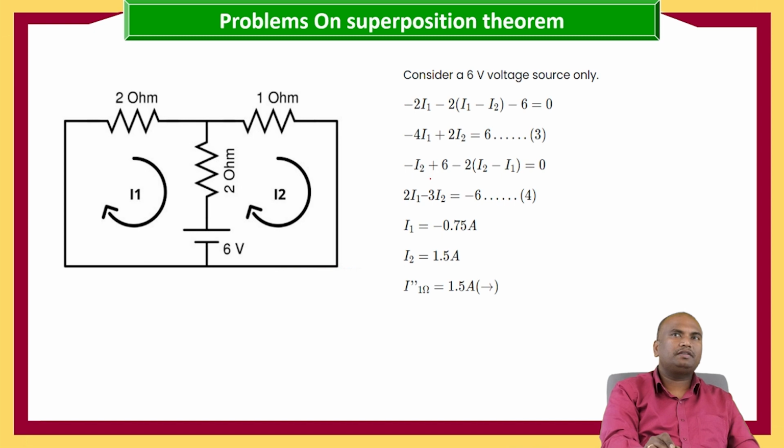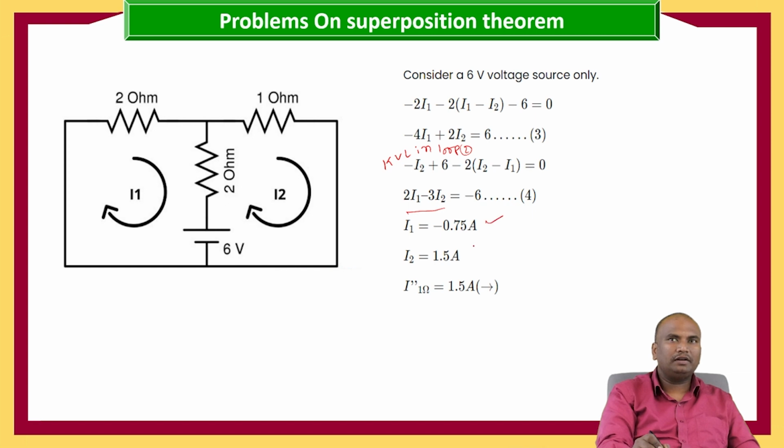Now applying KVL in loop 2: minus I2 into 1 plus 6 minus 2 into I2 minus I1 equals 0. Here 2I1 minus 3I2 equals minus 6.